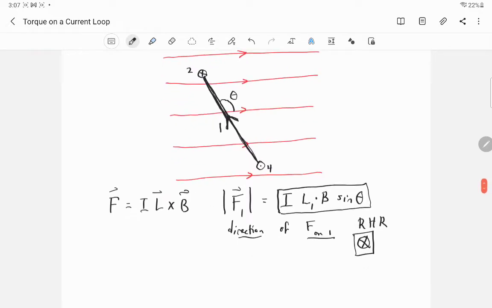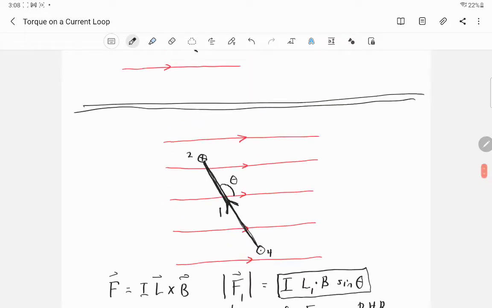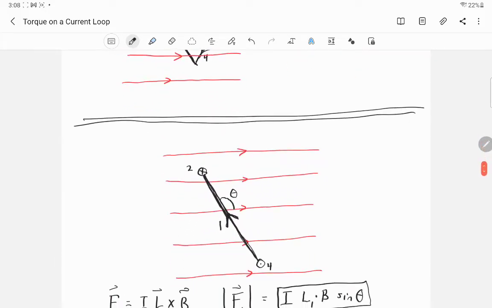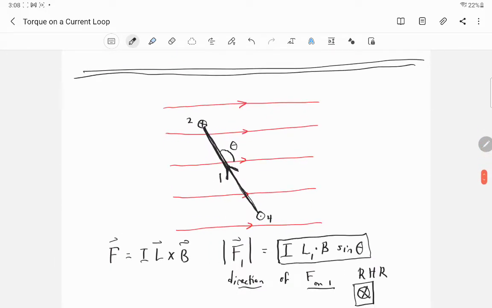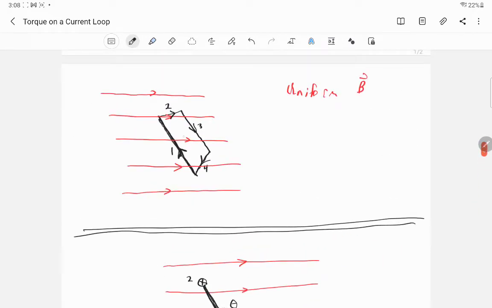What's interesting to do is to think about the magnitude of the force on segment 3. Segment 3 is this opposite segment. I used the right-hand rule to get the force on segment number 1, so the force on segment number 1 by the magnetic field is in this direction. It points over towards the third side from the first side.